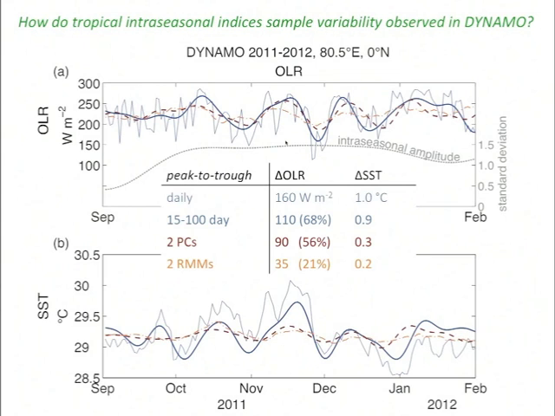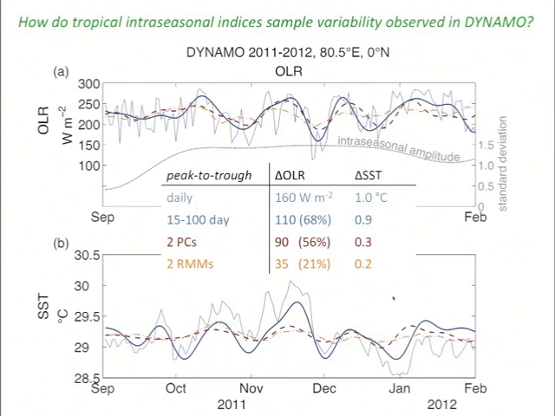And the effect is even more dramatic in sea surface temperature. You can see that the local projection of the RMMs explains only 20% of the, actually only 20% of the OLR too, of the total variance of sea surface temperature or OLR during the DYNAMO period.